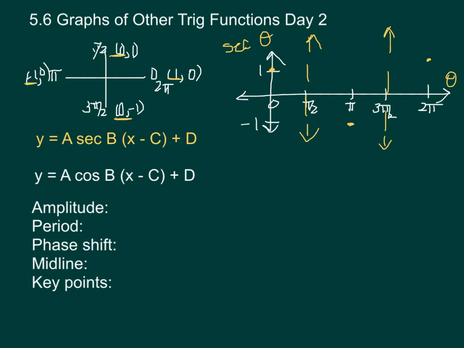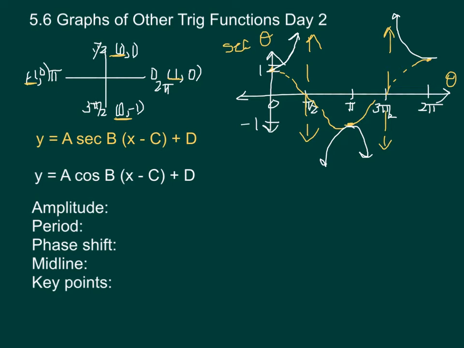So when I do my cosine curve, remember it shapes like that bell shape. And then when you graph secant, it'll have a relative minimum, a relative maximum, and a relative minimum. Now you can draw the curve full out or you can just leave it.